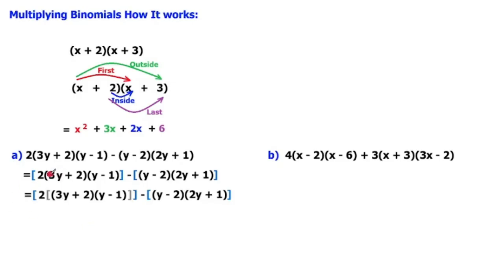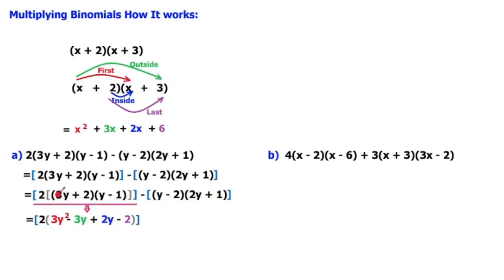Now this one has a 2 in front, so we're going to put some extra brackets here to do that last. We're going to multiply the 2 in last. So we're going to do this multiplication first, and then we'll do this one. So let's go ahead and multiply this out.